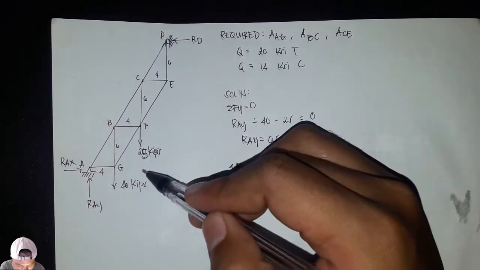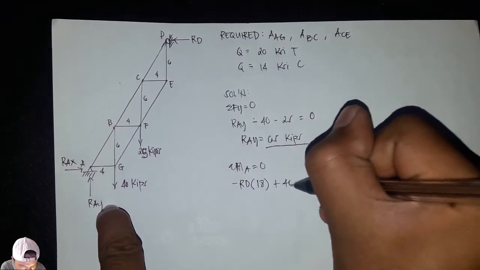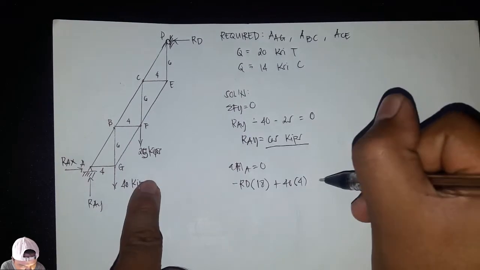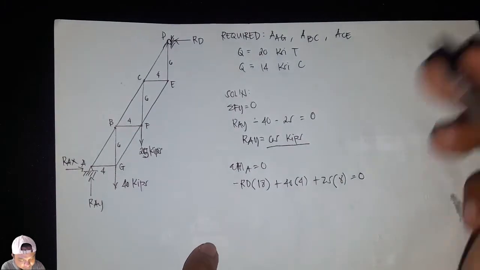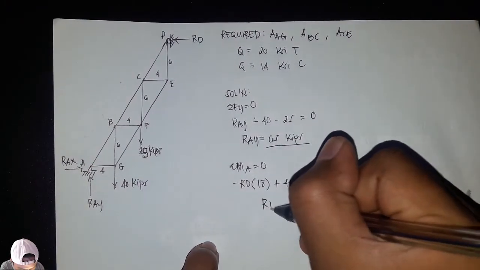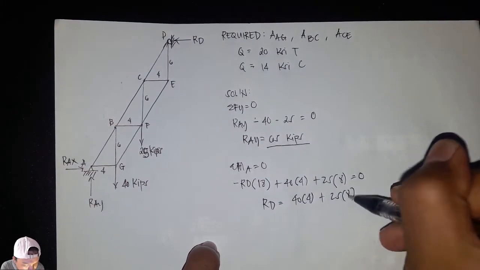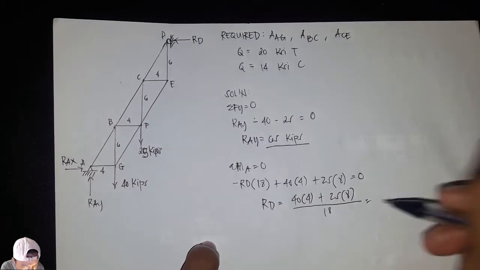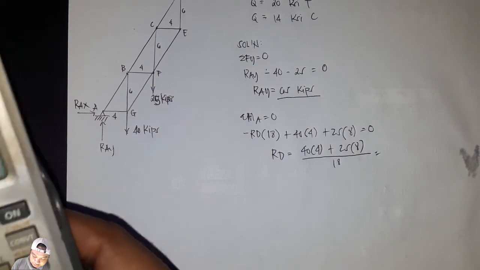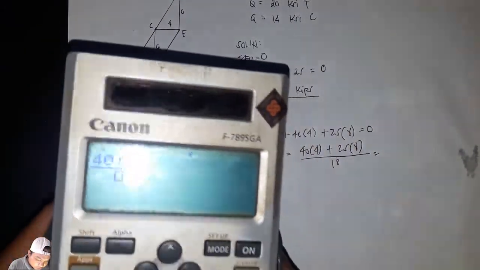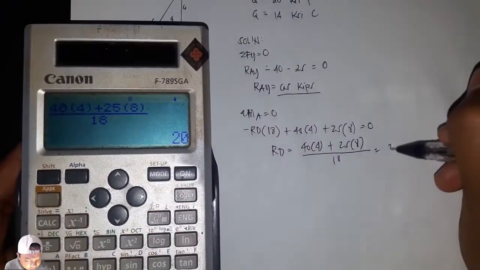And then yung dalawang loads dito, positive sila, 40 times 4 plus 25 times 8 equals to 0. So RD is equal to 40 times 4 plus 25 times 8 over 18, so may 20 kips tayo.